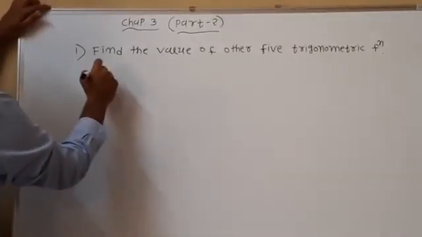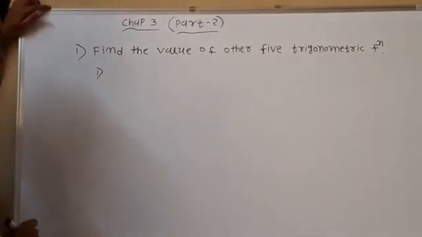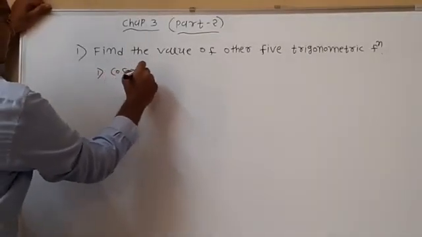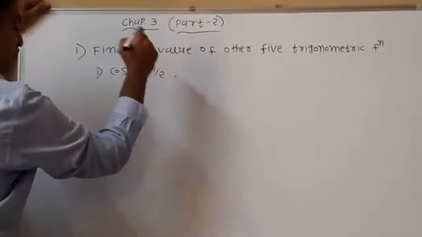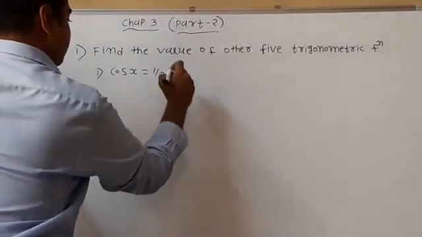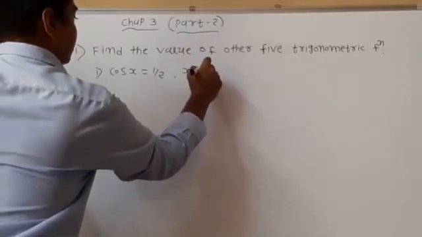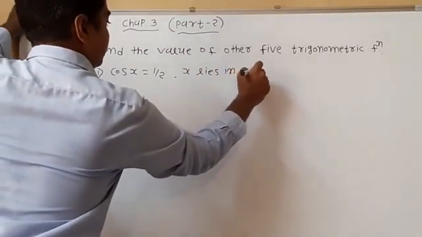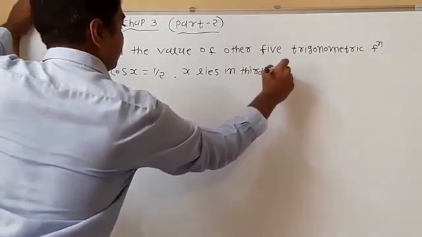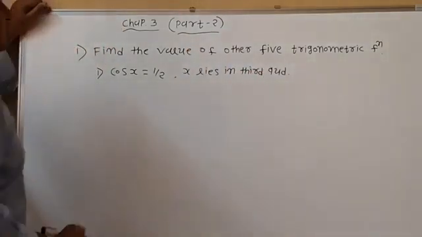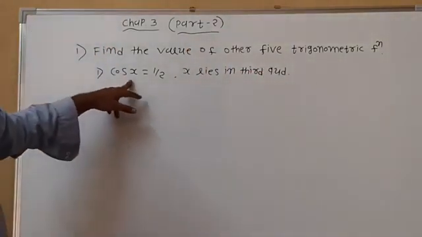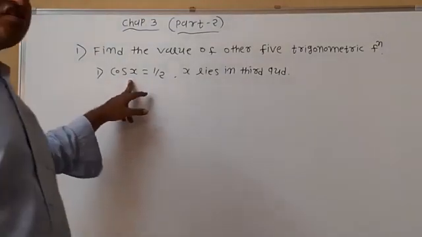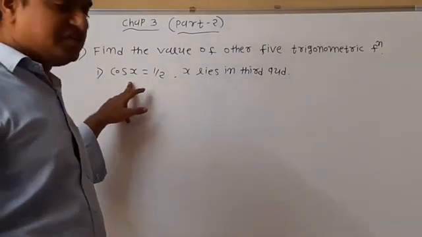Now in our first question, the value given is cos x is equal to 1 upon 2 and the condition given is x lies in the third quadrant. Total 6 trigonometric functions are present.